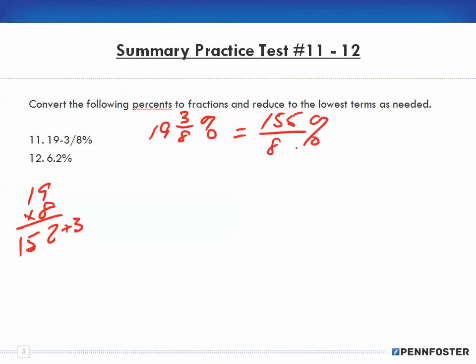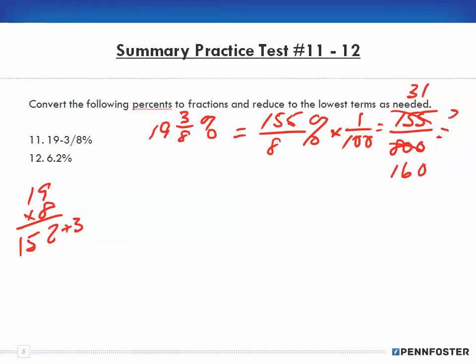Now that's still a percent, okay? And so now I have to multiply by 1 over 100 in order to convert it into a normal fraction. Okay, so now I have 155 over 800. And now I've converted the percent into a fraction, and now I reduce to the lowest terms. Okay, so 5 can go into that 31 times, and 5 can go into 800, 160.